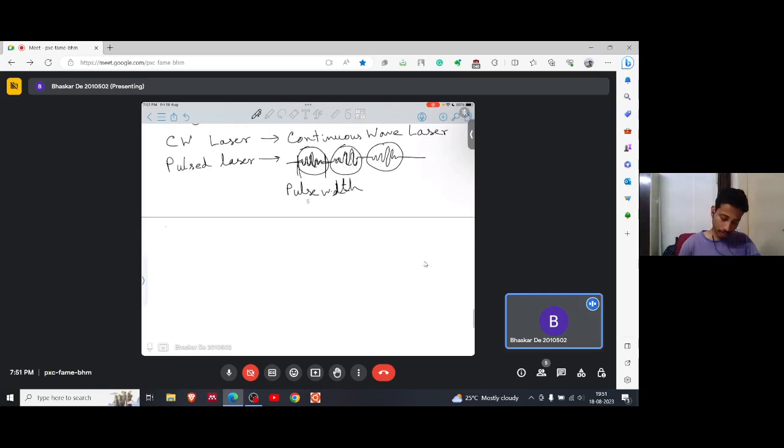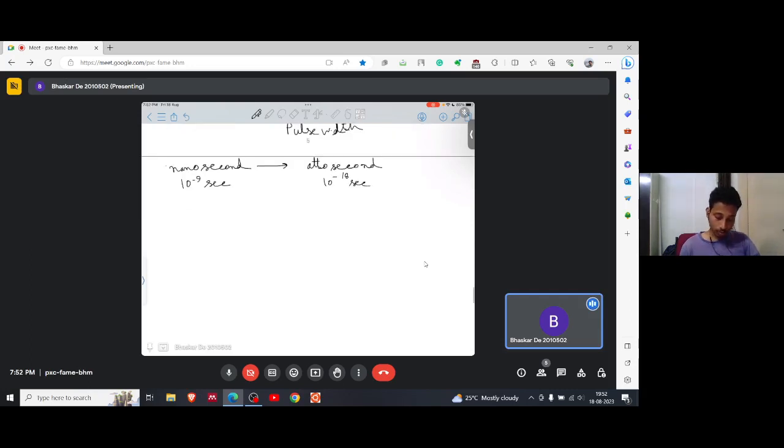This pulse width can be of any order, from nanosecond to attosecond. Nanosecond is 10 to the minus 9 second basically, and attosecond is 10 to the minus 18 second.